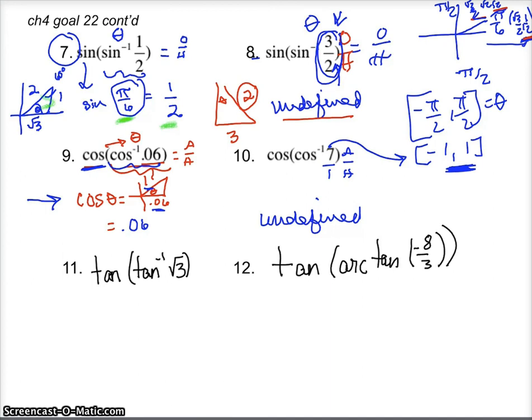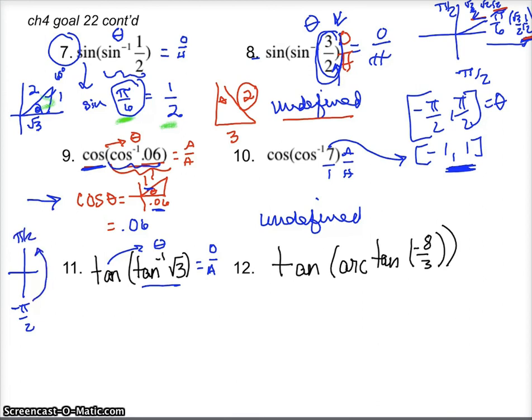Okay, let's take a look at example 11. The inverse is on the inside, so we will be solving for the angle on the inside and then evaluating the tangent of that angle. So ultimately our solution will be opposite over adjacent, or a function value. To evaluate the inside, inverse tan of √3, we know that inverse tangent is restricted to -pi/2 to +pi/2.